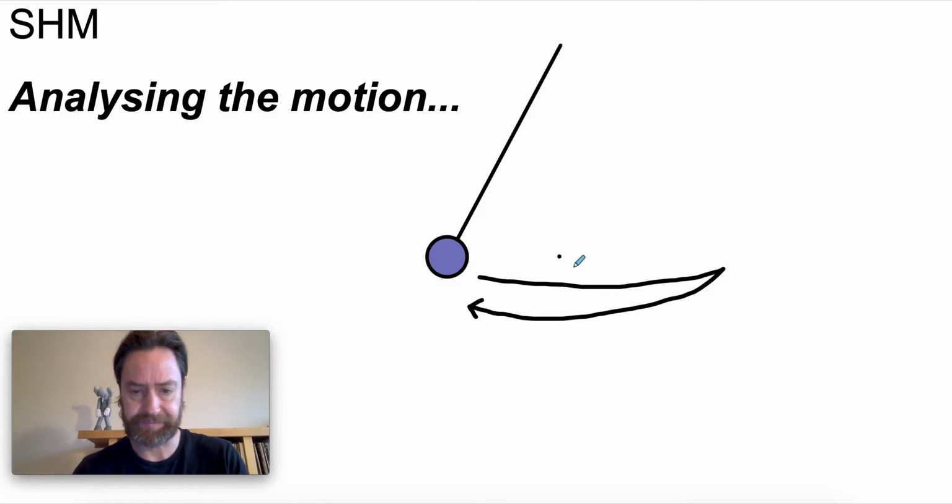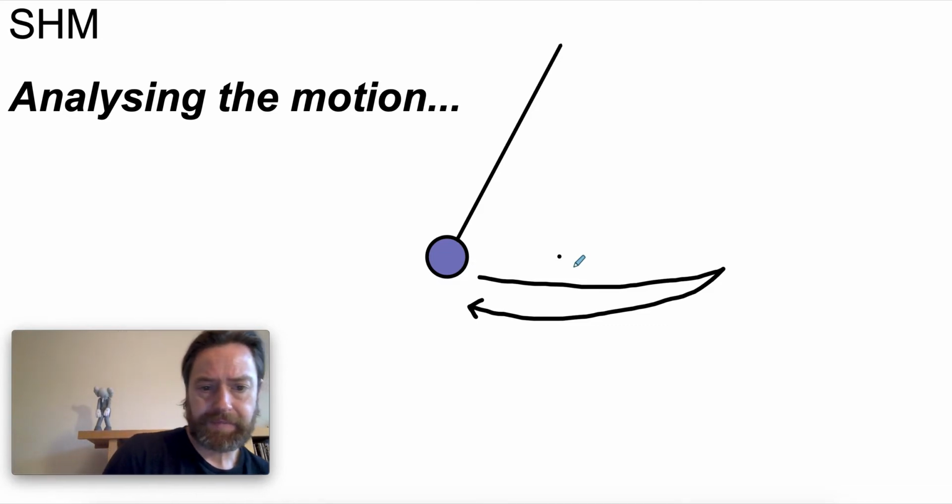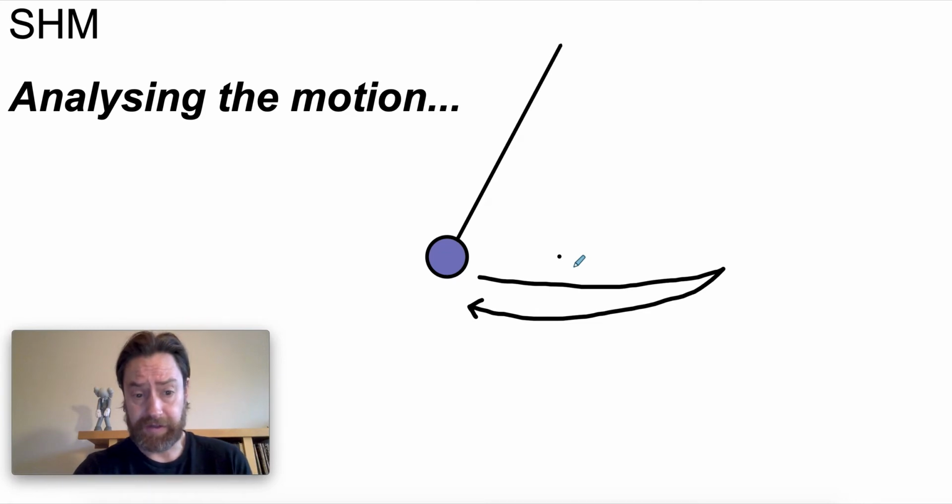Okay, so what you might want to do is draw for yourself something like I've got in my picture here. So I've taken my pendulum, I've displaced it over to one side, and I'm going to say that this side is a positive displacement. It's arbitrary, but I'm deciding that that's positive. I'm going to let go of it.